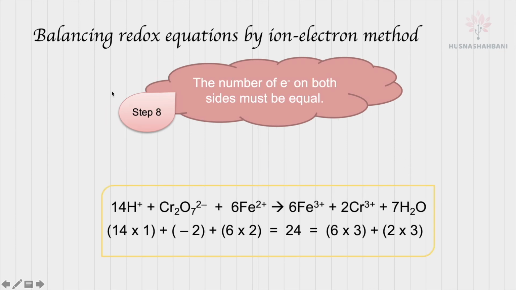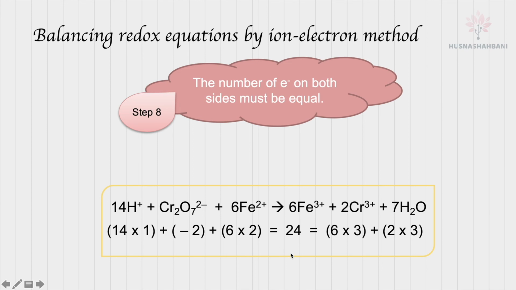Step 8. Number of electrons on both sides must be equal. This is when you balance. This is when you check. 14 times 1, because H plus is 1 times 14, so this is plus 14. And then negative 2, this one 2 plus times 6, 6 times 2, 12. Then the charge on the left must be equal to the charge on the right.